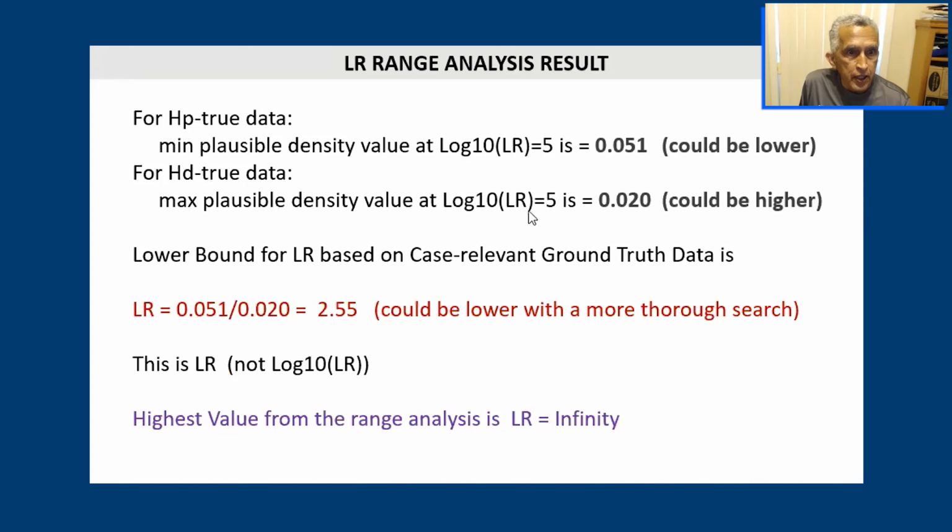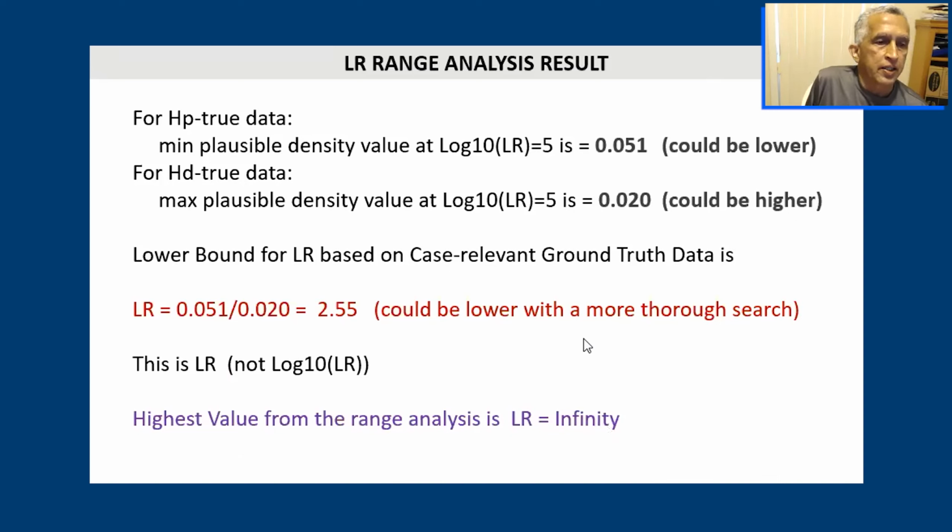The denominator value maximum that you could justify is 0.020, and the ratio is 2.55. So that's LR, not log LR. So what this is saying is that based on the empirical data that's available, that's case similar data, you could support a likelihood ratio value anywhere between 2.55 and infinity.